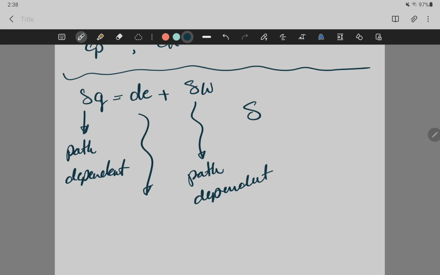But changes in internal energy is going to be the internal energy at state 2 minus the internal energy at state 1, right? Does this make sense?